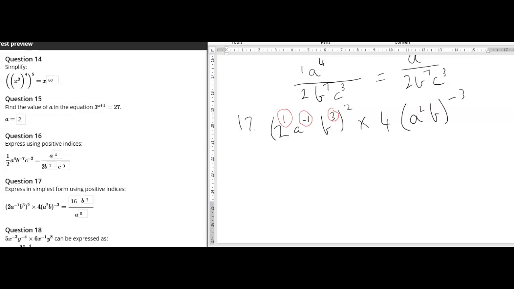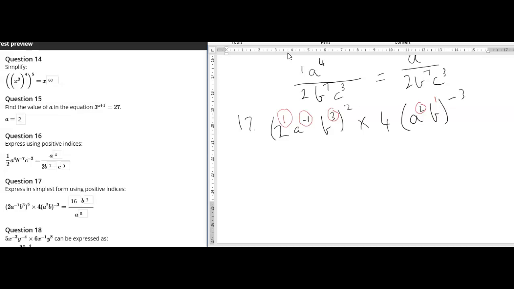And then in the other bracket, this 2 is to the power of negative 3, and b to the power of 1 is multiplied by negative 3. So a bit tricky on that front. Okay, so let's just do each part by itself.